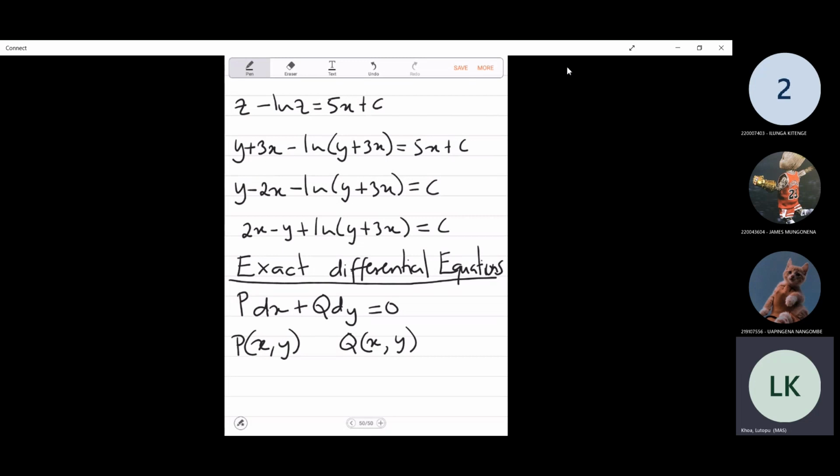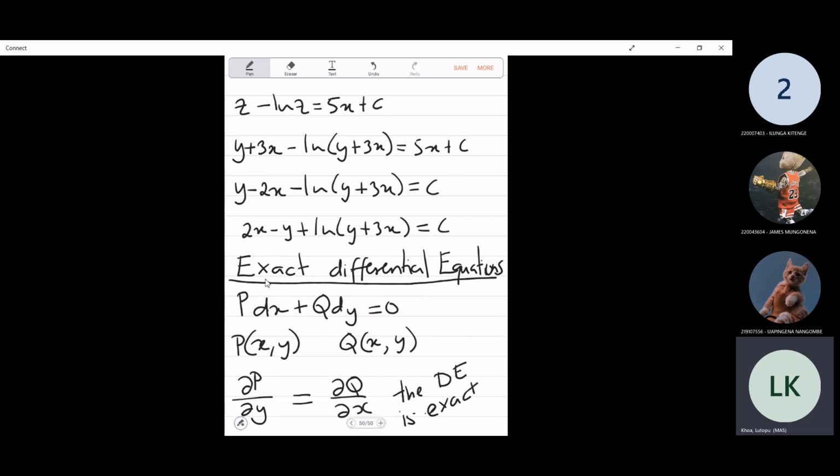Now we say that this differential equation is exact if we differentiate p partially with respect to y, and we differentiate q partially with respect to x, and then if these two are the same, then we can say that the differential equation is exact.